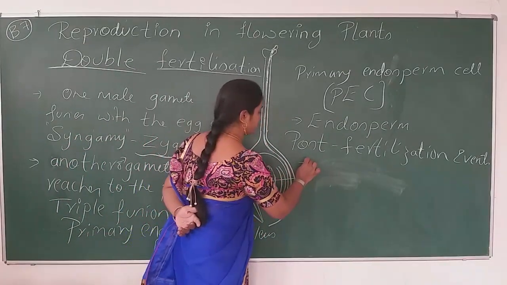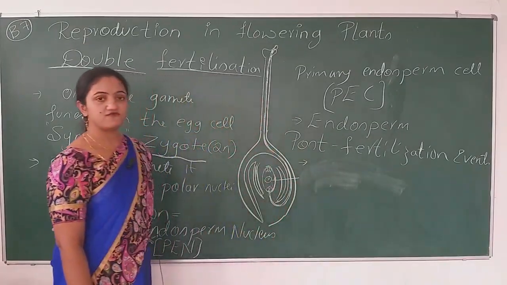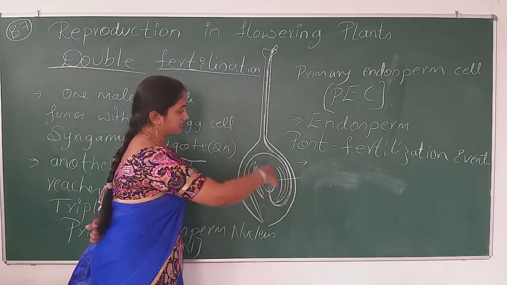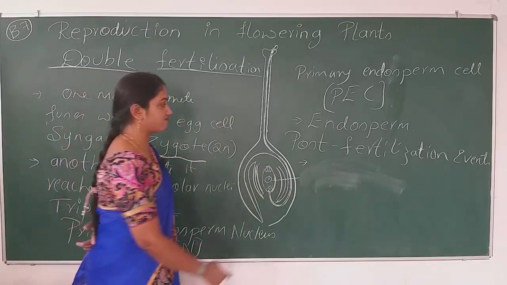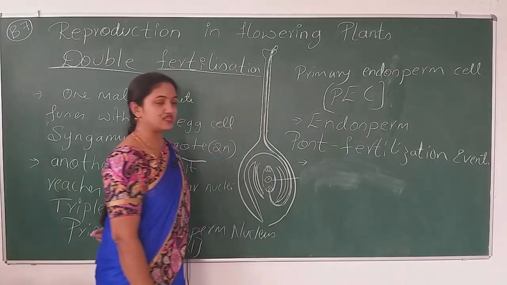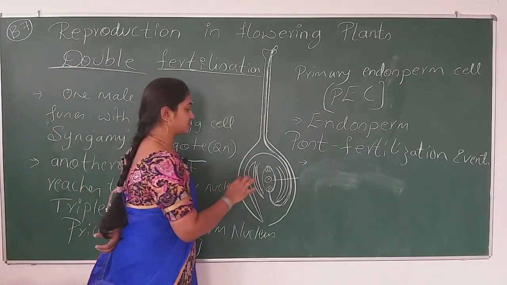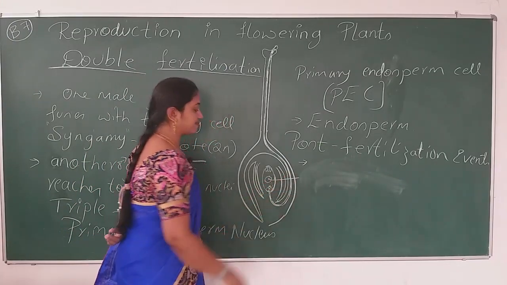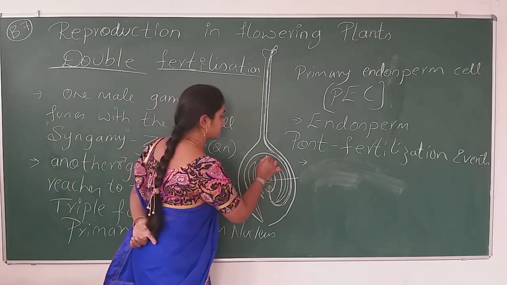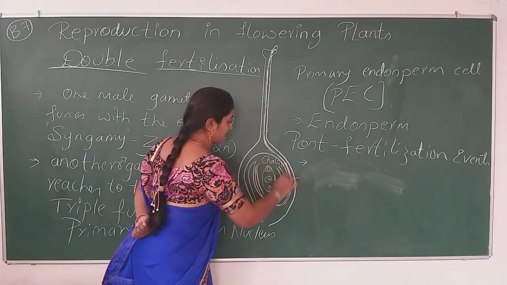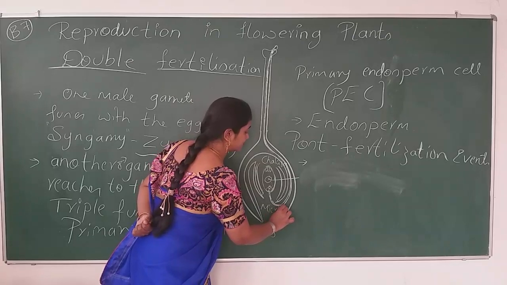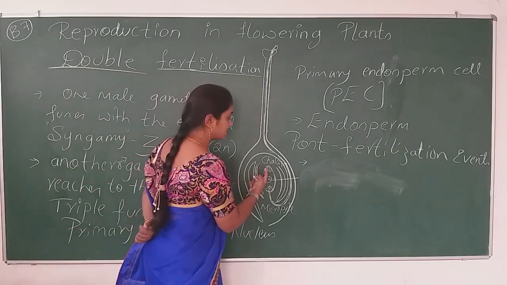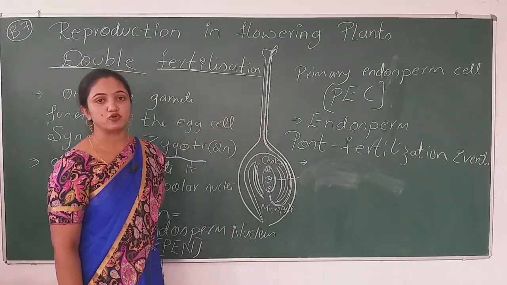We are now studying the events happening in the ovule or ovary after fertilization. The fertilization is over; double fertilization has taken place. We have the zygote here and the PEN here. This is the chalazal end and this is the micropylar end. The cells present near the chalazal end are the antipodal cells.